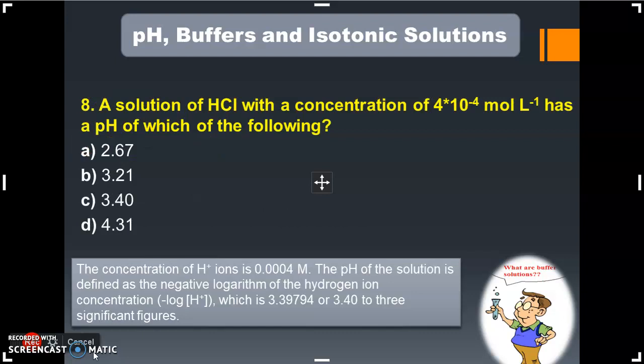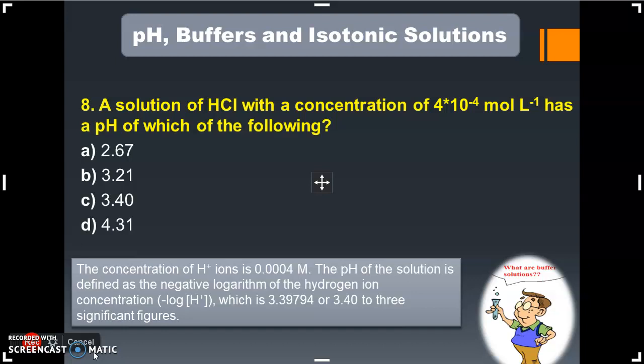A solution of HCl with a concentration of 4 into 10 raised to minus 4 mole per liter has a pH of which of the following? Option A, 2.67; B, 3.21; C, 3.40; and D, 4.31.